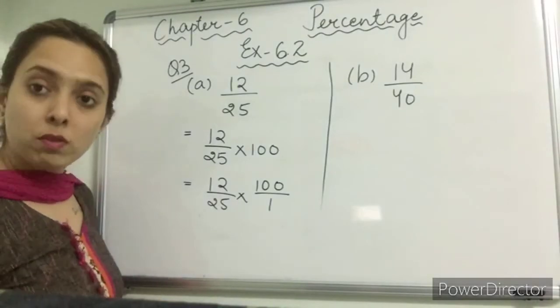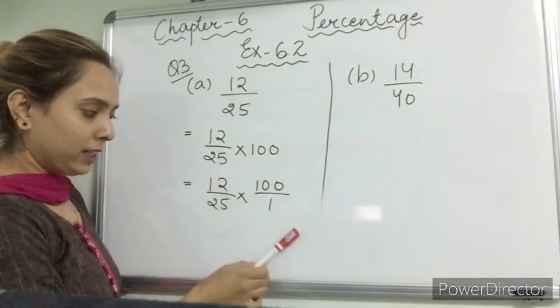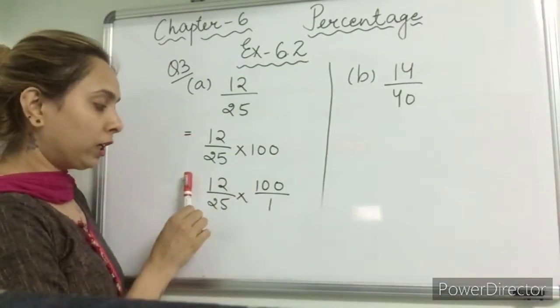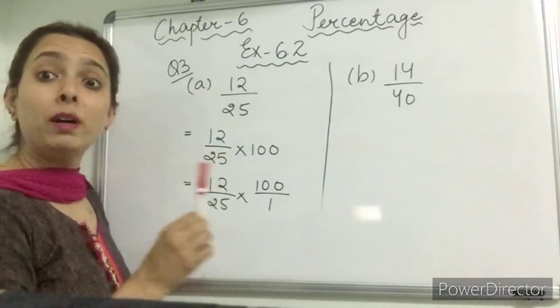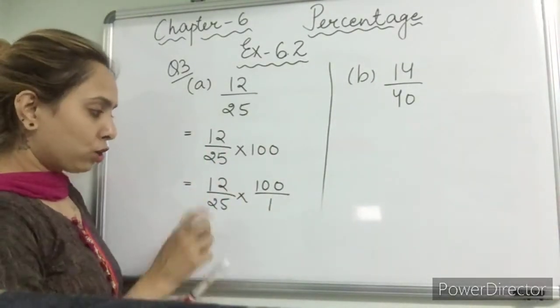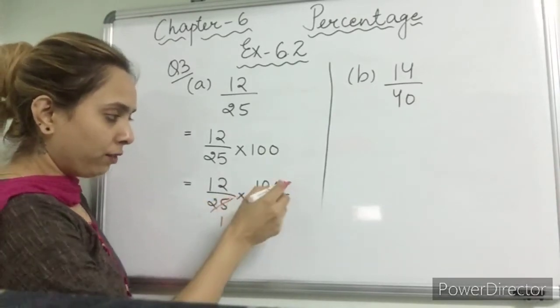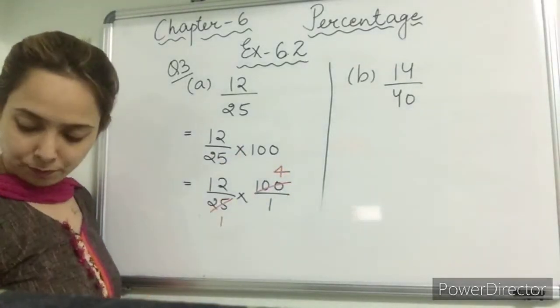Now we will reduce, we will cut. Okay, we will cut like this, and we cut like this. We cannot cut numerator by numerator and denominator by denominator because they are multiplied. So 25 ones are 25, 25 fours are 100.